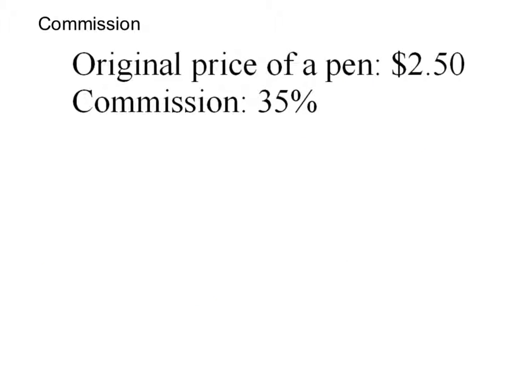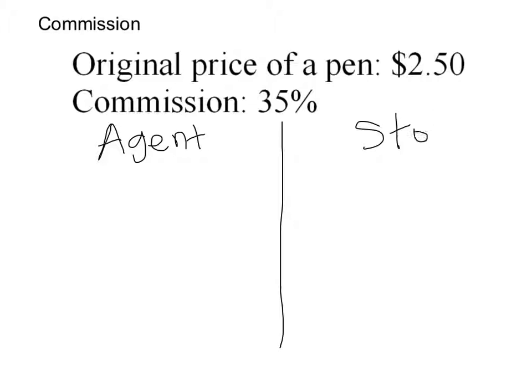So now let's look at another one. Remember, we're going to have two parts to this question. We have to know how much the agent makes. We also need to know how much the store makes. For the agent, I'm going to have that lovely proportion with the 100 in the bottom right.